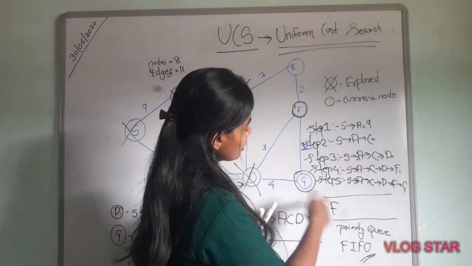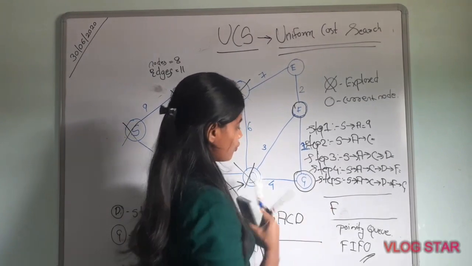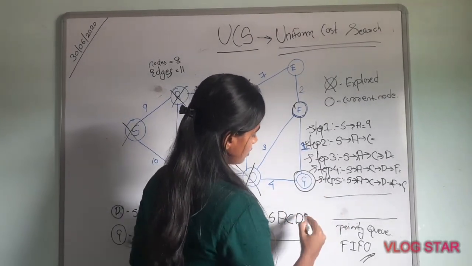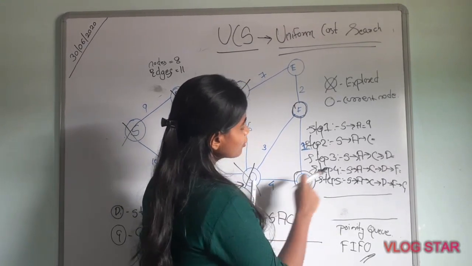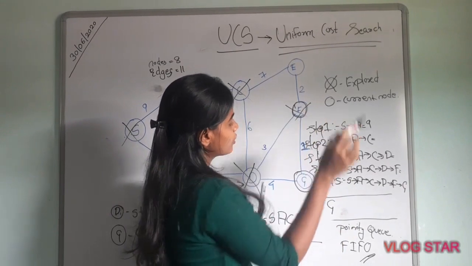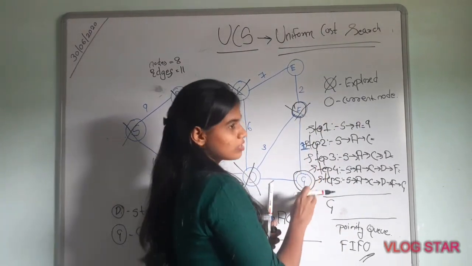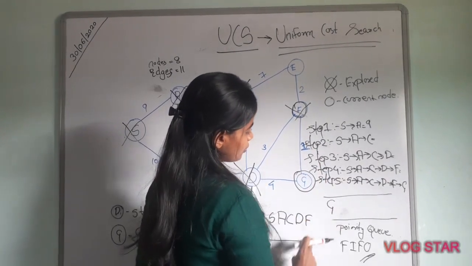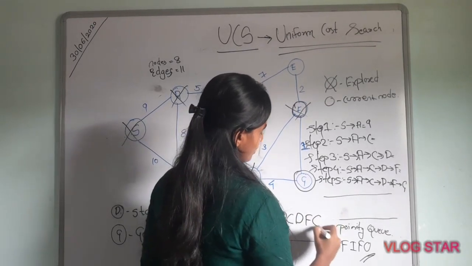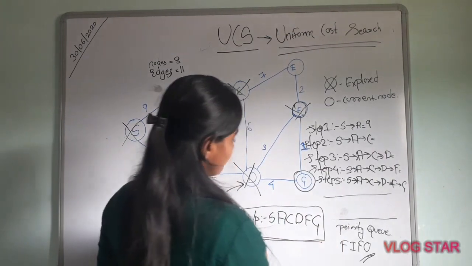To enqueue G, first we have to dequeue F. So we will dequeue F, put G into the priority queue, and explore F. Now our current node is G, and that is the goal node. Now the priority queue is empty, and we dequeue G. And now we have got the output as S, A, C, D, F, G.